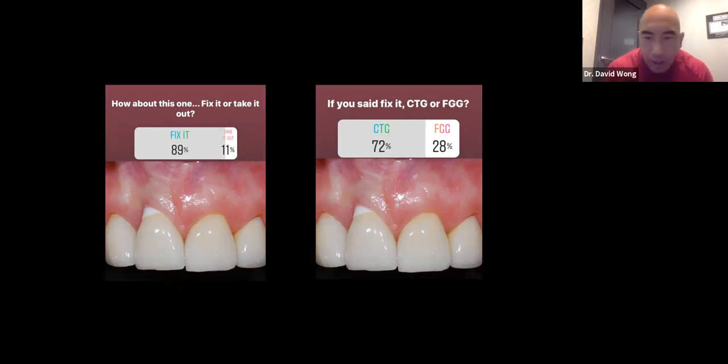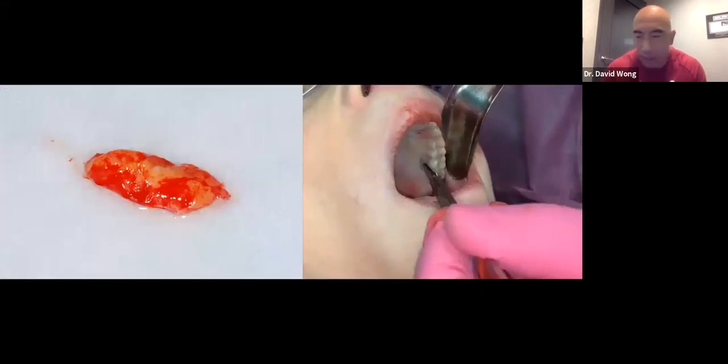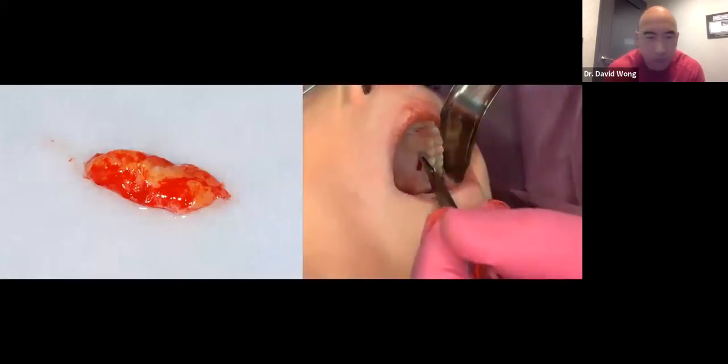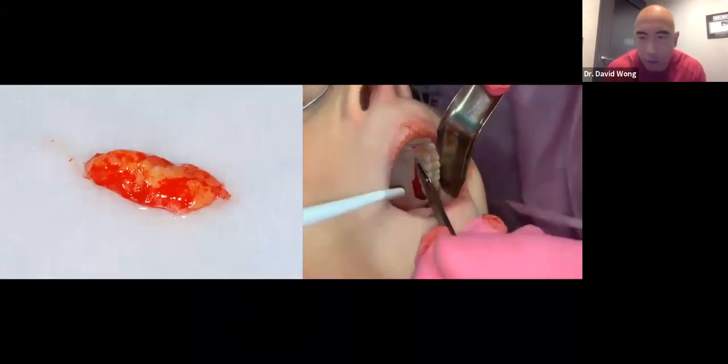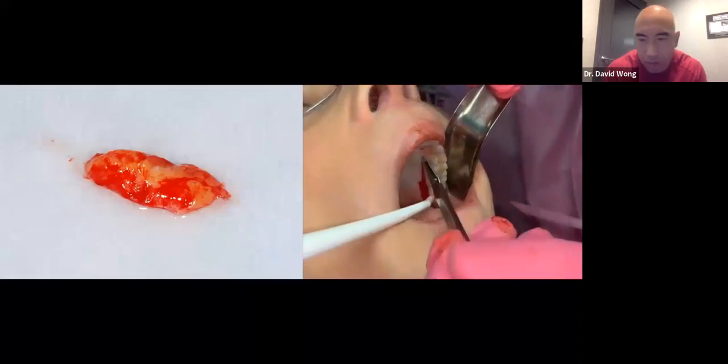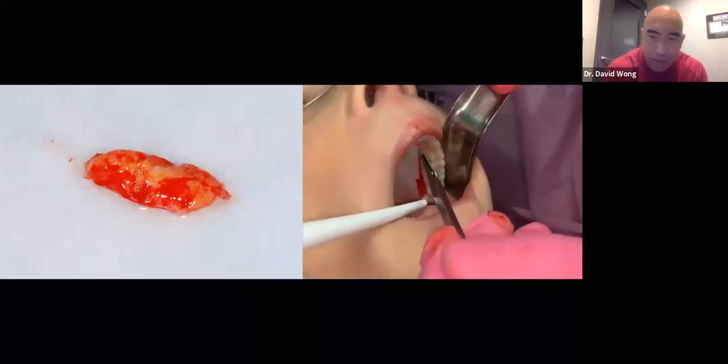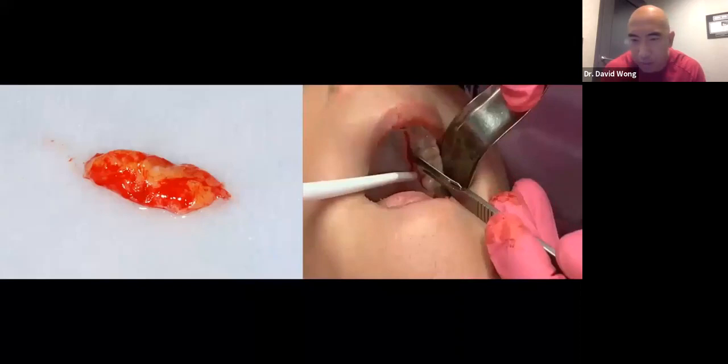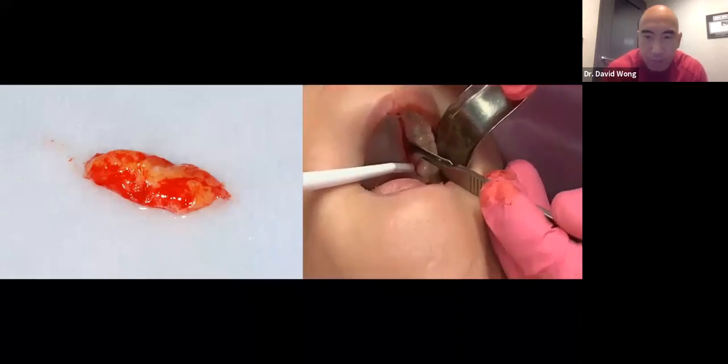But once again, in cases like this, people do tend to support a connective tissue graft over a free gingival graft. And I did a connective tissue graft in this situation. Just for those of you who don't know, this is how we harvest connective tissue grafts. This is her. We just harvested it from the left side of her palate.